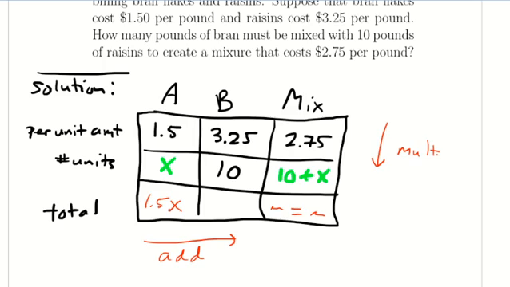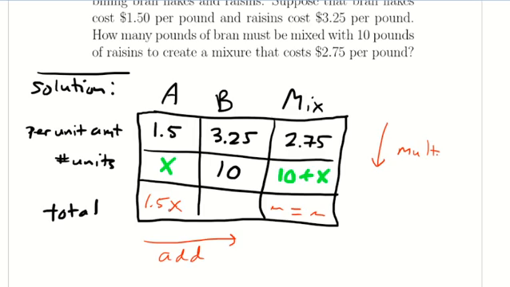And the way you solve an equation like this is you simplify both sides, combine like terms, then get all the x's to one side and all the numbers to the other, and get x by itself on one side if possible.